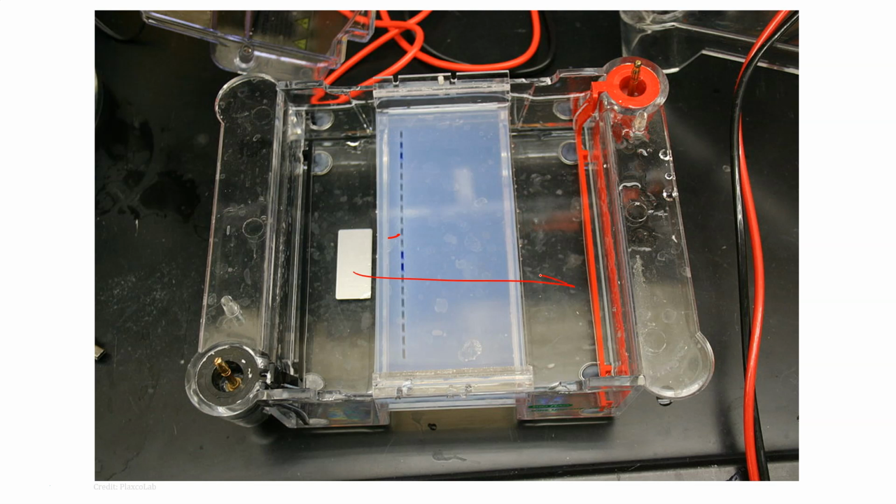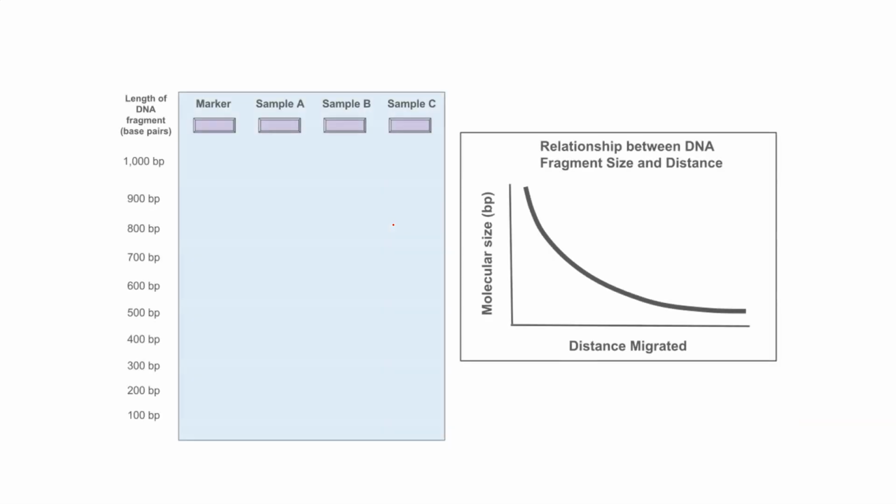When we apply a current across here, the negatively charged DNA is attracted to the positive side of the electrophoresis chamber. It drags the DNA fragments through the gel, and those that are smallest migrate faster, and those that are biggest migrate slower. Basically it separates them all out based upon their size.